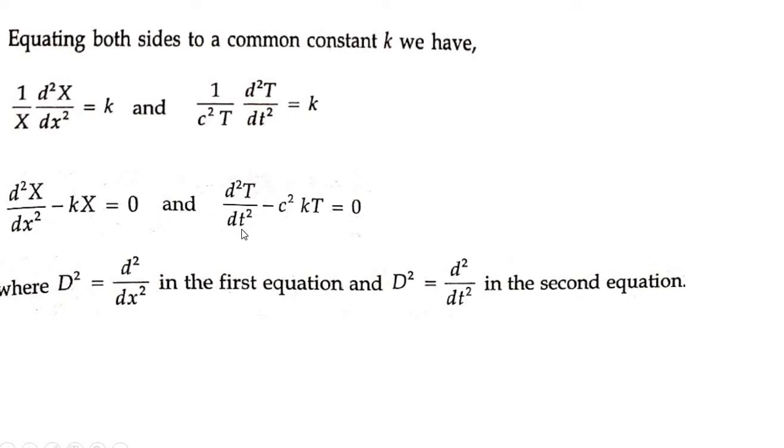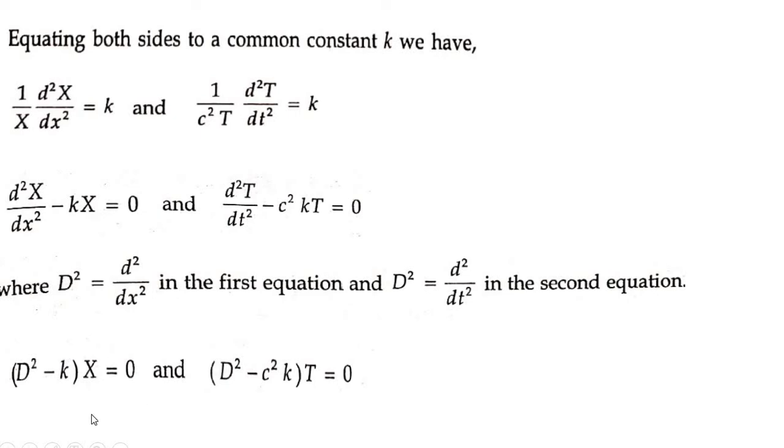Here also I'll replace d square by dt square as capital D square, and I'll take T as a common term. So what you will get? You will get D square minus k into X equal to 0. Here you are taking T as common and replacing d square by dt square as capital D square. So you get D square minus c square into k into T equal to 0. Next we have to write its auxiliary equation.